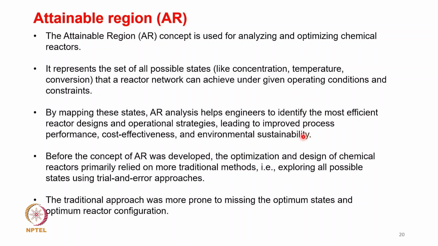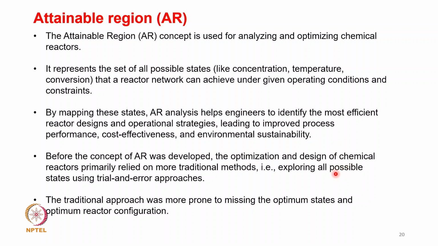So, with suitable algebraic manipulation and mapping of the states, attainable region analysis helps engineers identify the most efficient reactor design and operational strategies, and this would eventually result in improved process performance and economics. Improved economics essentially means cost effectiveness and, as a larger goal, environmental sustainability.